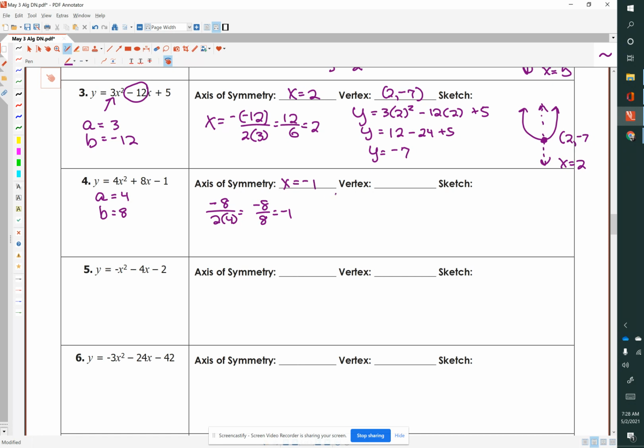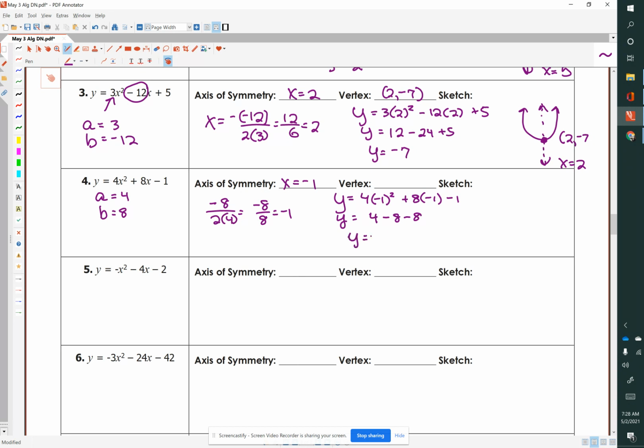So let's evaluate for the vertex by substituting negative 1. So that would be 4. Negative 1 times negative 1 is 1, so that would be 4 minus 8 minus 1.